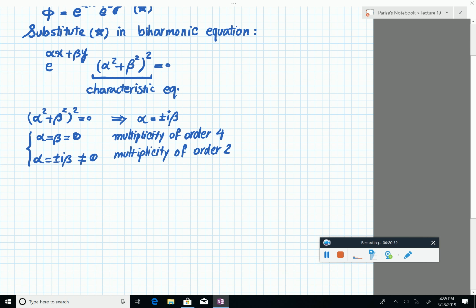So what does that mean? So if you want to write the general solution, how would that look like?